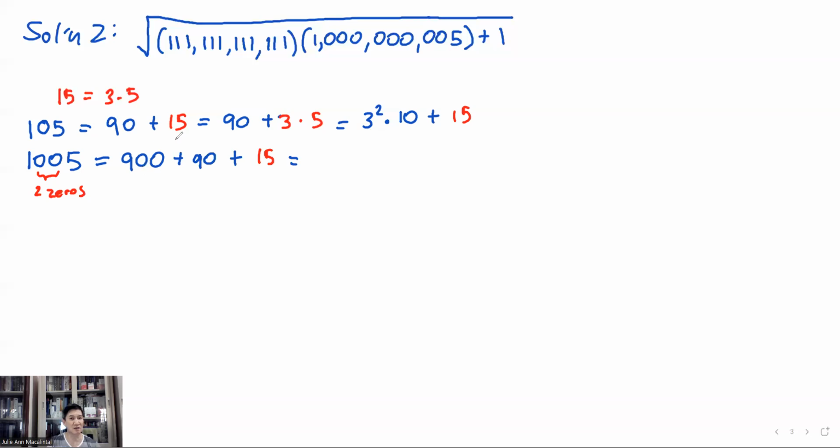So this one will become, I can use powers of 10 here.